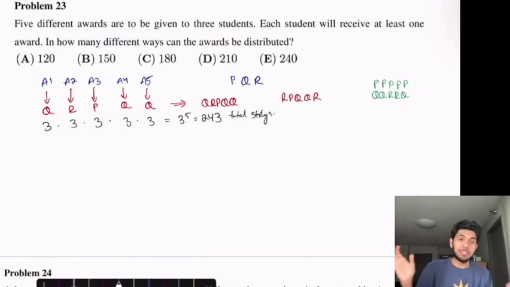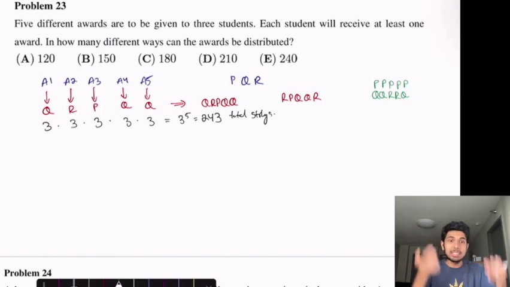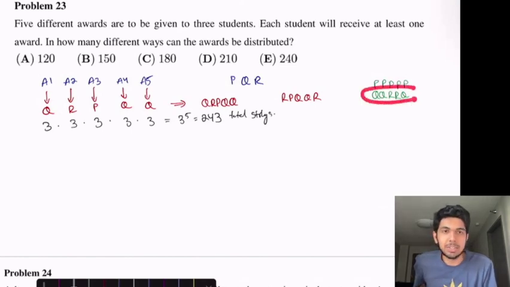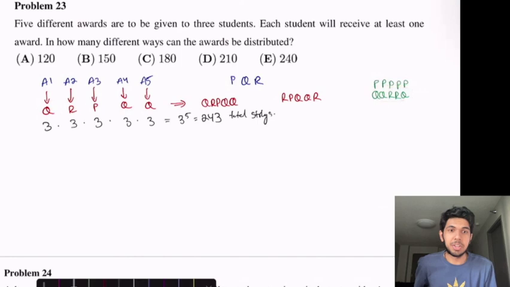So this includes all of the good strings and all of the bad strings. Now, let's get rid of the bad strings. So let's try to get rid of the strings that look like this, where there's 1 person missing. That means, in a sense, each award can be given to only 2 people, since we're forcing 1 student to not get any of the awards, right?